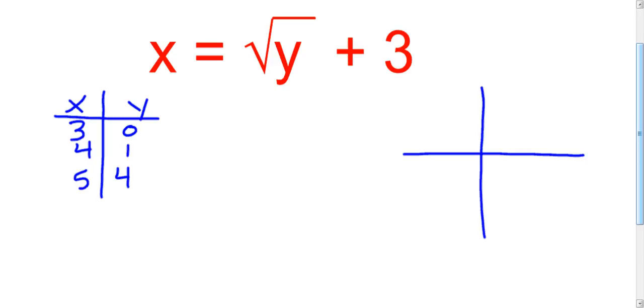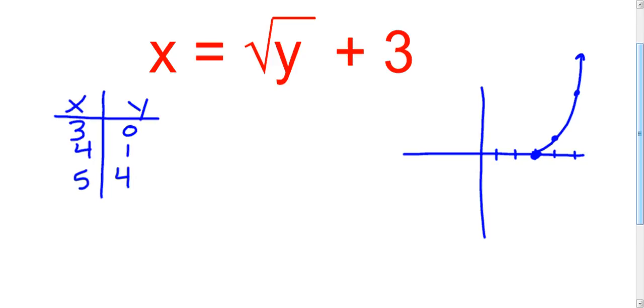I cannot put this into my calculator actually because I don't have this solved for y right now, and I'll talk about that in a minute. But when we plot this, this is what this would look like. 3, 0, 4, 1, 5, 4. And it's going to look something like that, okay?